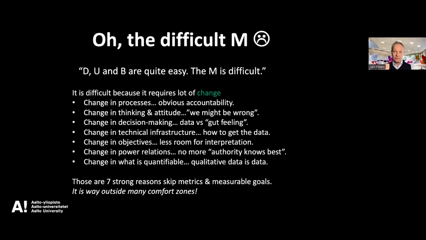And when we start creating tight goals and thinking about the measures, then we have to take responsibility in a different way. And of course, how to get data, and there is less room for explaining, and that makes things tighter, and it's not always comfortable.